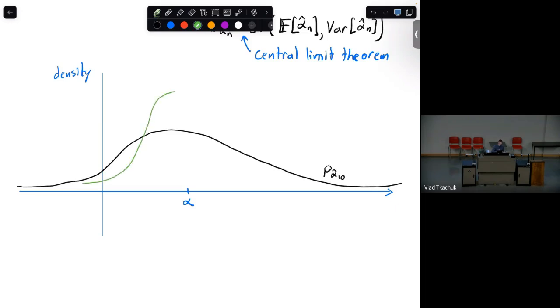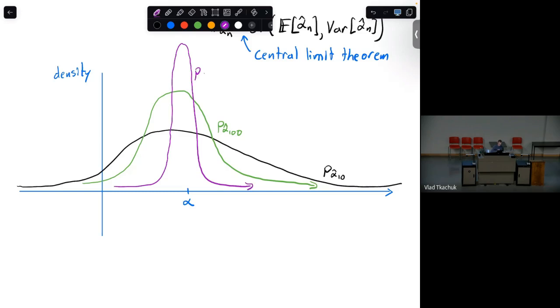It looks something like this. And we'll interpret it in a second. And this would be the PDF of alpha hat of, let's say, 100. And then finally, if you did even more samples, what you're going to get is something that looks like this very peaked thing, and then like that. And this, say, is the PDF for alpha hat 1000.